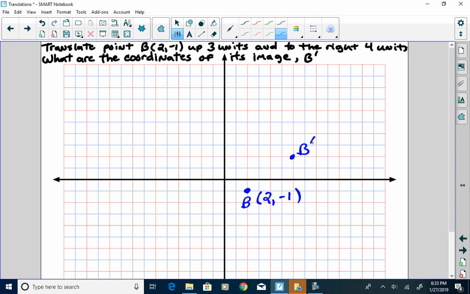So B prime is the location of the image. Well, what is the location of B prime? Well, B prime is located 2, 4, 6 units in the x direction, 1, 2 units in the y direction. So 6, 2 would be the location of B prime.